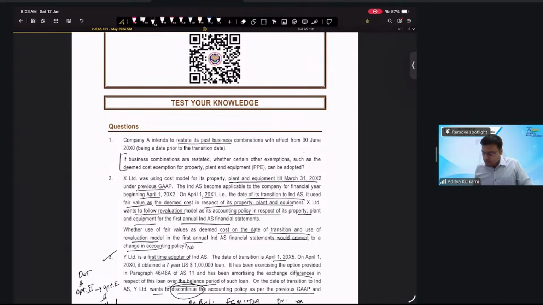If business combinations are restated, whether certain other exemptions, such as deemed cost exemption for PPE, can be adopted. Now, see, I have to prepare my financials. Yes, because I have to prepare my financials, I have to take property, plant, equipment also into my financials post the transition.